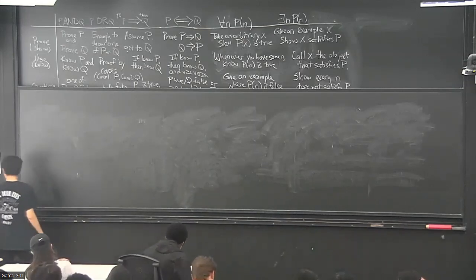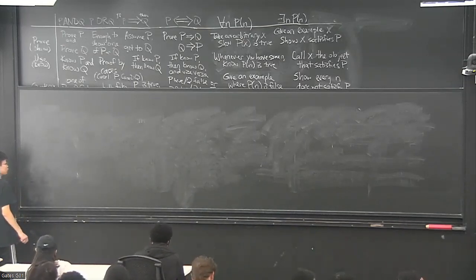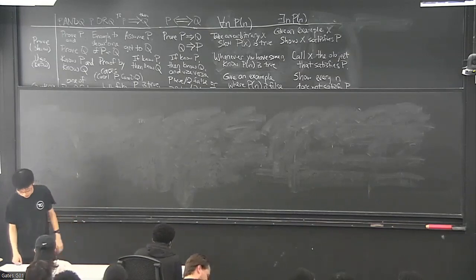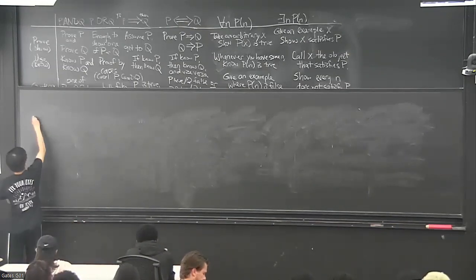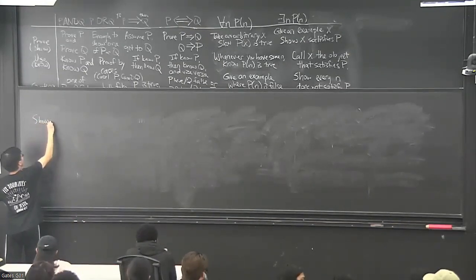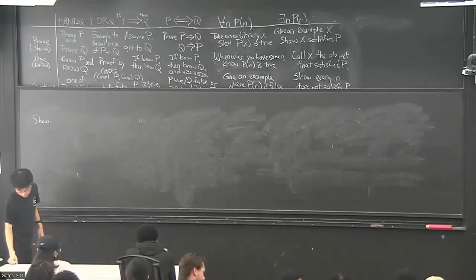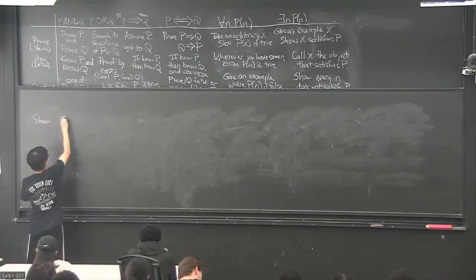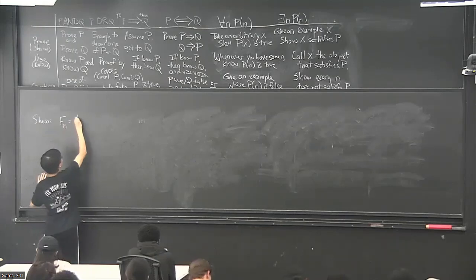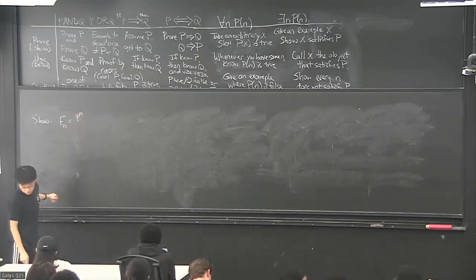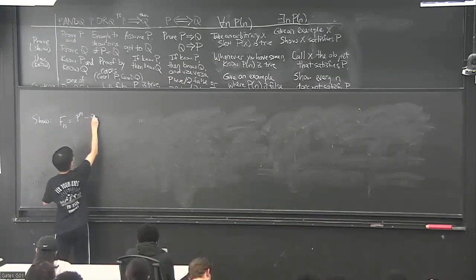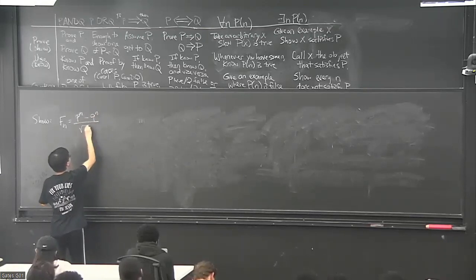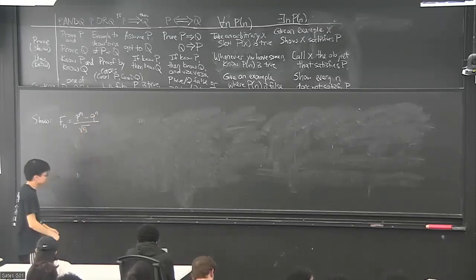Here, in problem 4, we're trying to show f of n, a Fibonacci sequence, is equal to p to the n minus q to the n over square root of 5.